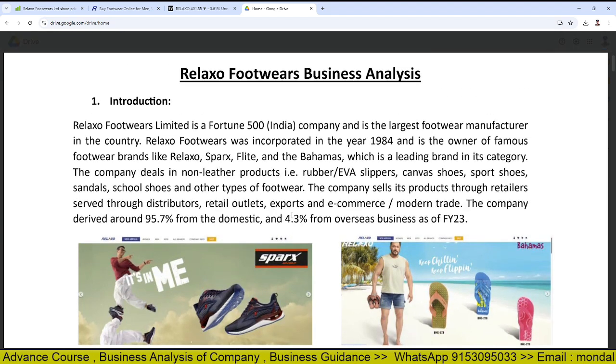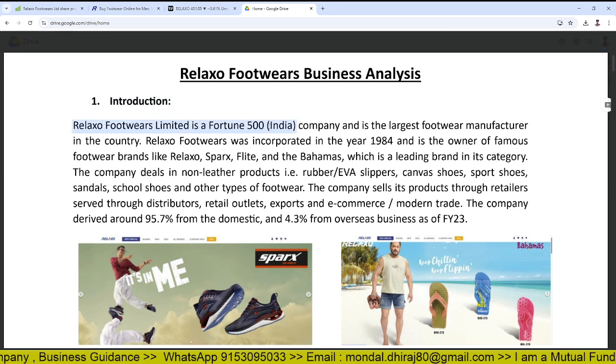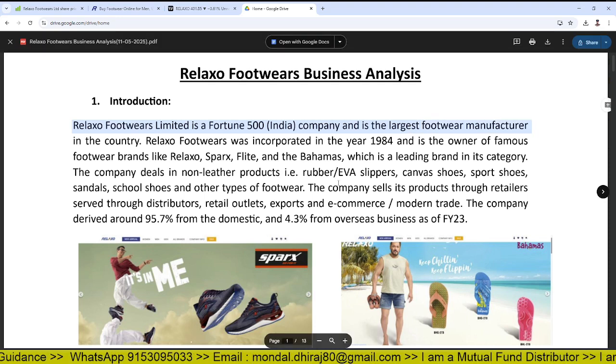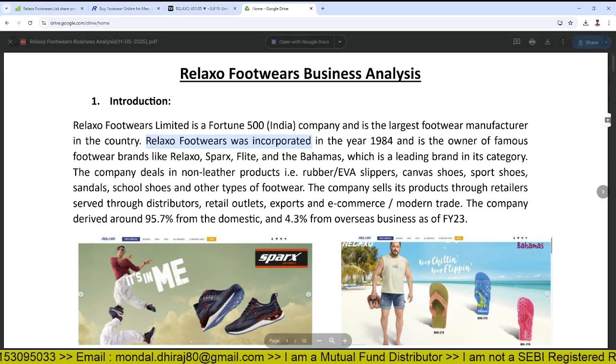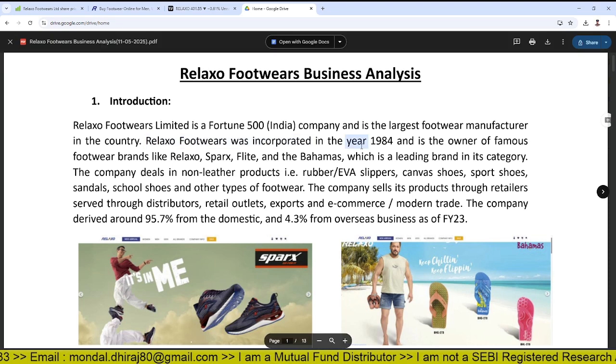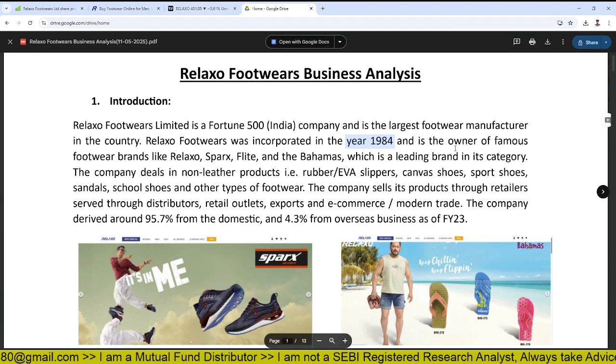So let us discuss the Relaxo Footwear business. First of all, the introduction. Relaxo Footwear Limited is a Fortune 500 company and the largest footwear manufacturer in the country. It was incorporated in 1984, so this company has 30 years of market experience.